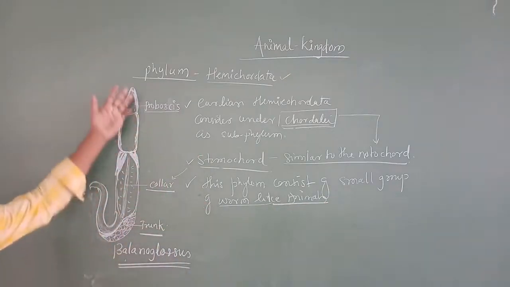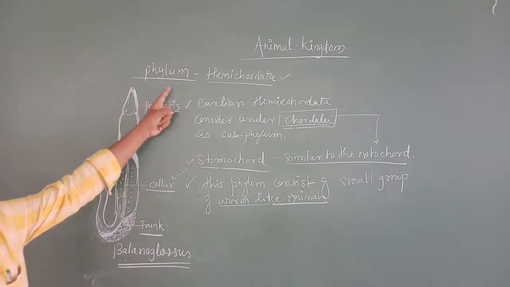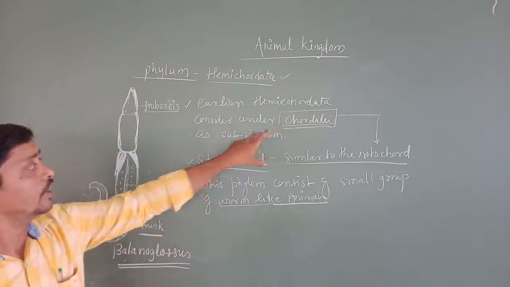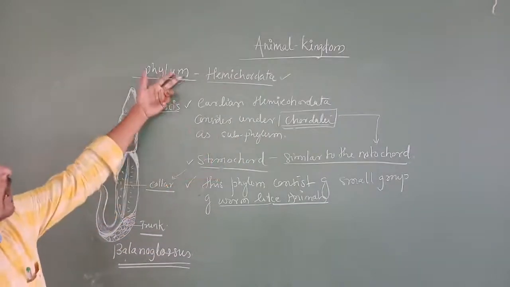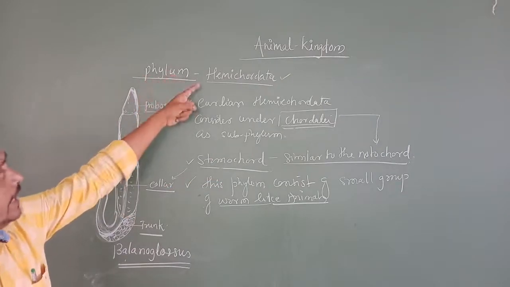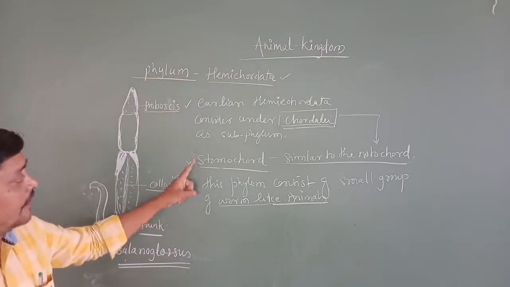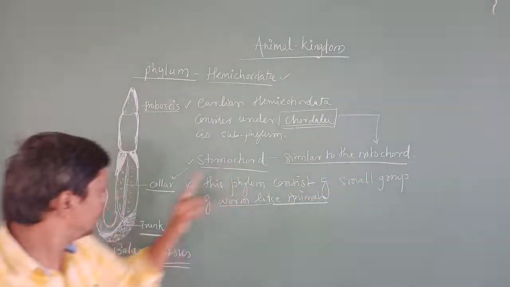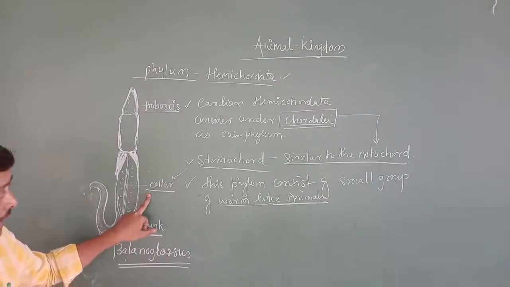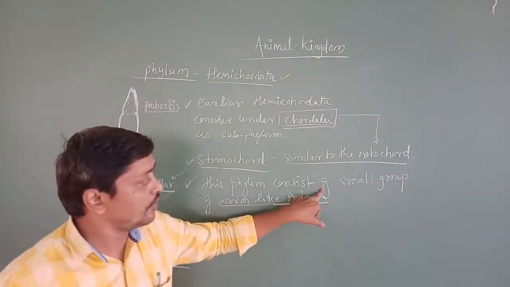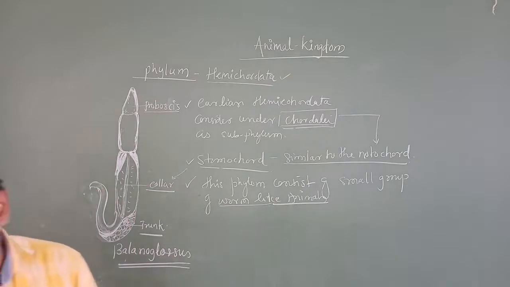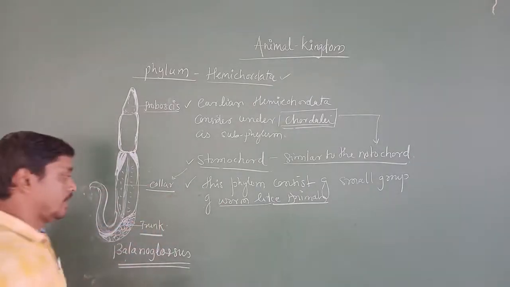Here I have drawn the diagram. First, what I told you: hemichordates were earlier considered under Chordata as a subphylum, and now it is a separate phylum. In hemichordates, they have the rudimentary stomochord, which is similar to the notochord, present in the collar region. This phylum consists of a small group of worm-like animals.